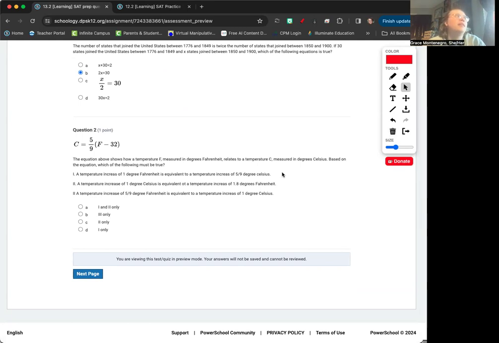Fahrenheit has freezing set at 32 degrees, and in Celsius, that's set at 0. So we first reset it so that the Fahrenheit temperature starts at 0 by subtracting that 32 from it. And then because Celsius reaches boiling at 100 degrees and Fahrenheit reaches boiling at 212 degrees, we need to adjust that scale. And that's what the 5/9 does.